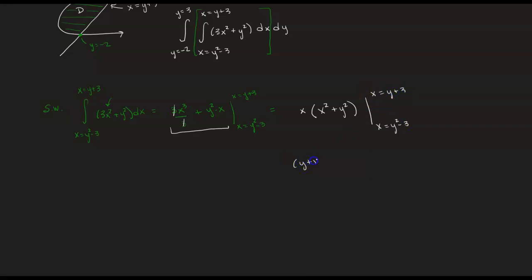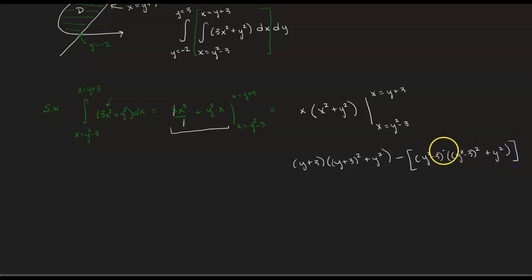So then we'd have y plus 3 times y plus 3 squared plus y squared, minus y squared minus 3 times y squared minus 3 squared plus y squared. And then we'd want to clean this up the best that we can.